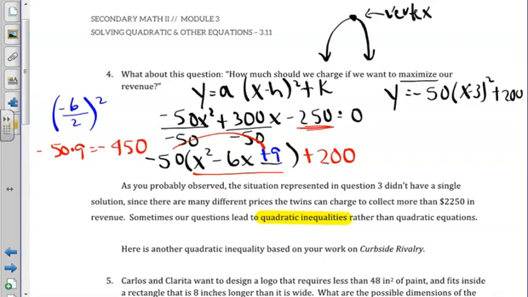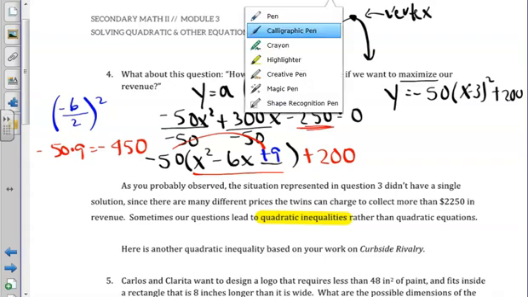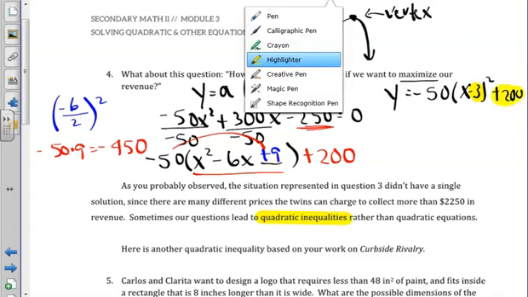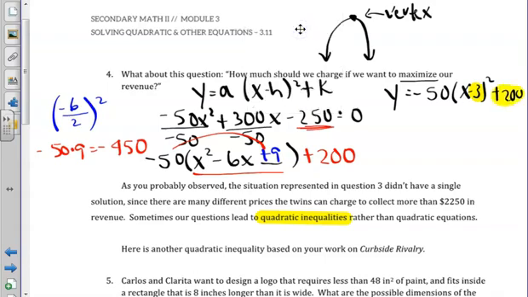At this point, we can see that my h is 3 and my k is 200. So I would maximize my revenue if my x was 3 and my y was 200. So when x equals 3, the number of mascots, if we plug that back in, we should get 70. So this would be maximizing our revenue.